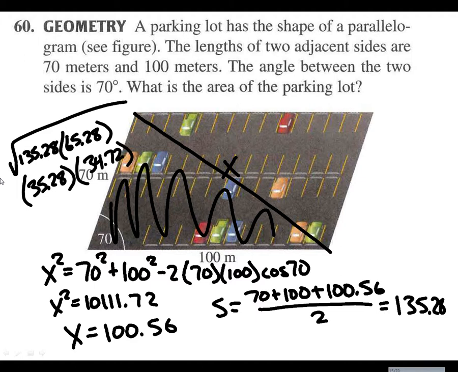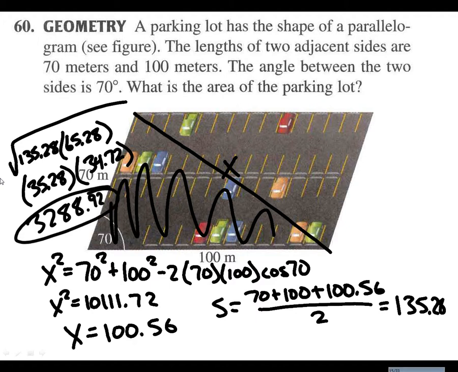Multiply them all together. Take the square root, and I get 3,288.92.